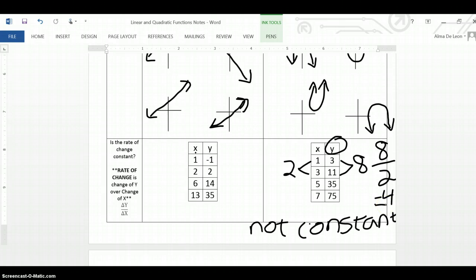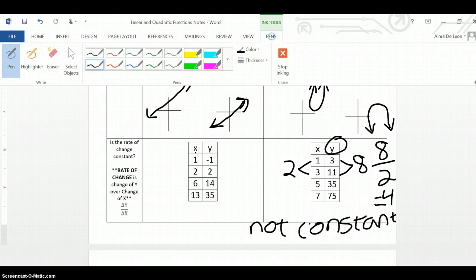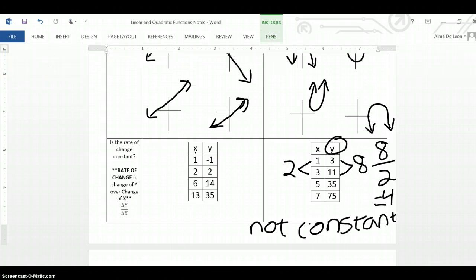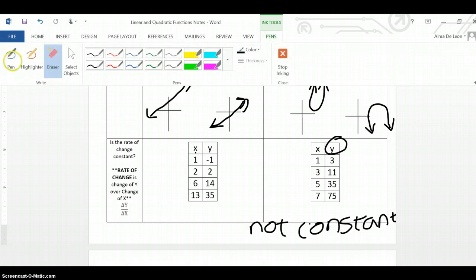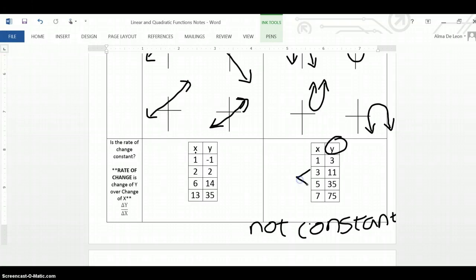The rate of change between 3 and 5, let me erase this to get some more space. Between 3 and 5 would be 2. And the change between 11 and 35 would be 24. So if we want to find the rate of change, which is the change in y over the change in x, we would do 24 over 2, which is 12.